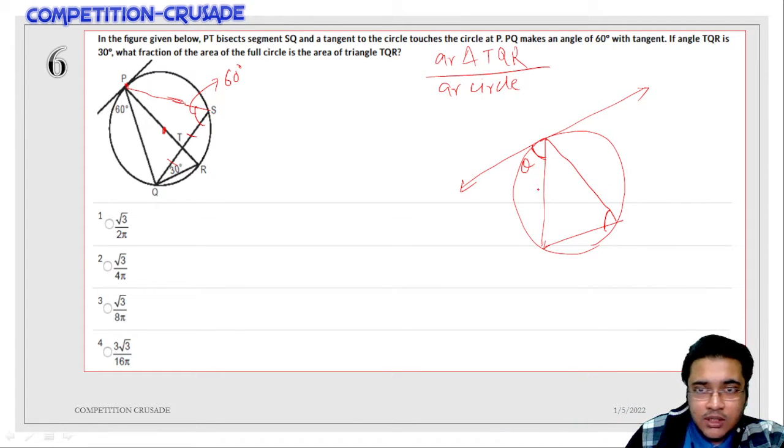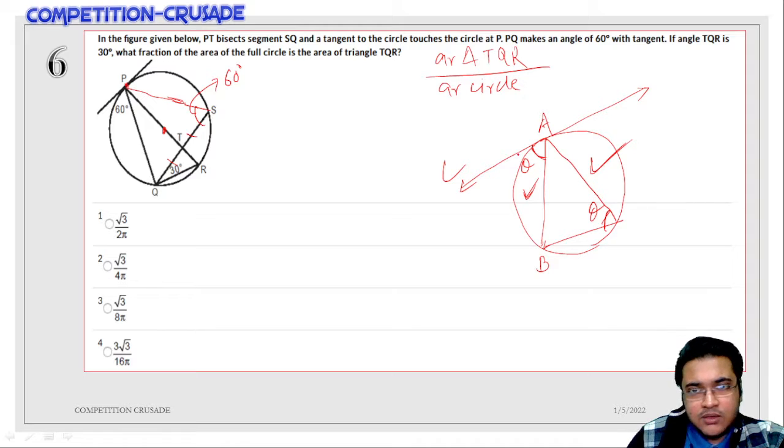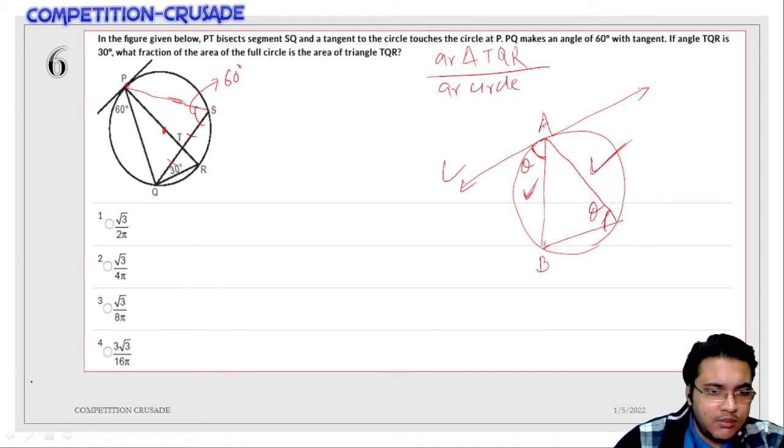So right now let's say this chord is AB, and this line, let's say L. This chord AB is sitting in the minor segment. When it makes an angle in the alternate segment, the major segment, this will be equal to theta. So these two angles will be equal. So this is alternate segment theorem.